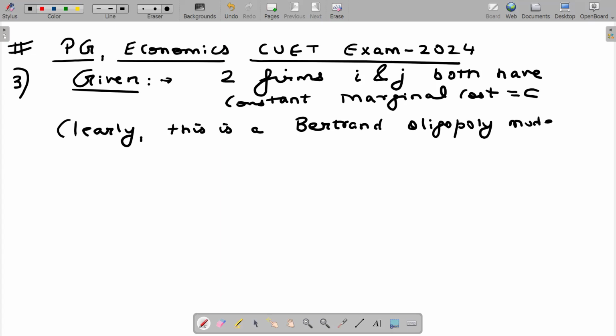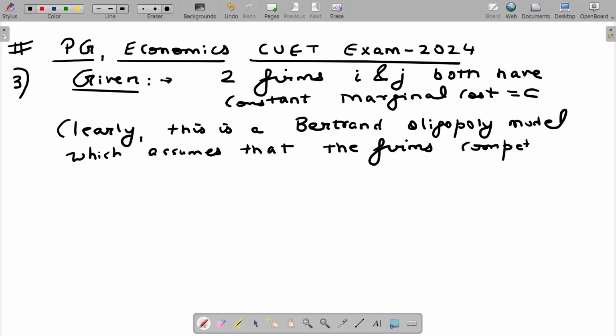This is a Bertrand oligopoly model, which assumes that the firms compete on prices and not on quantities.